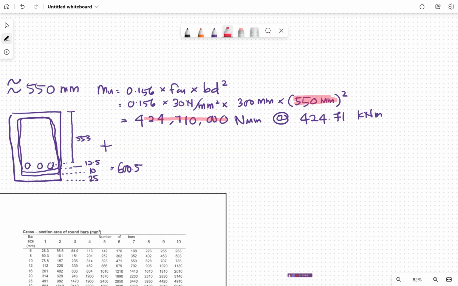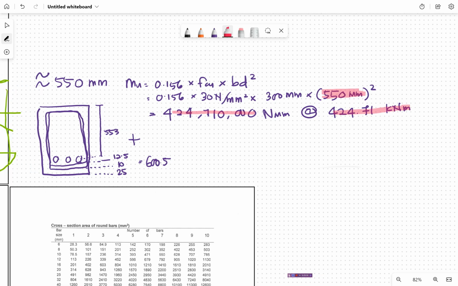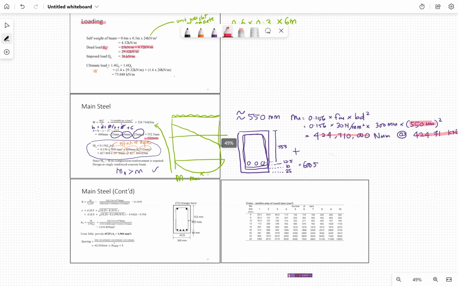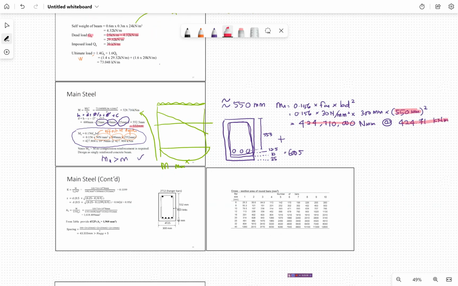Okay. So senang je, Newton tukar to kilonewton bagi 1000. Millimeter tukar to meter dan bagi lagi 1000. Then you get 424.71 kilonewton meter. So kalau you tengok MU yang you kira kalau the value of D kita round down to 550, it is 424.71.